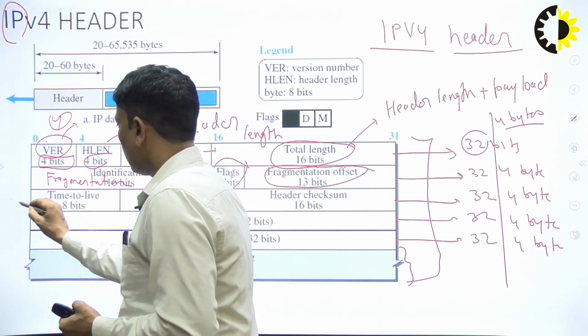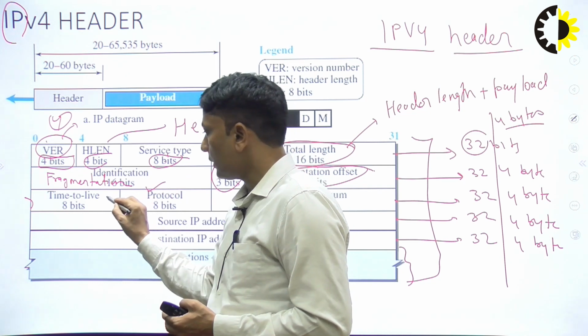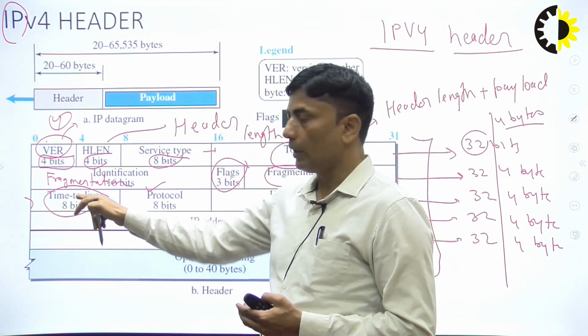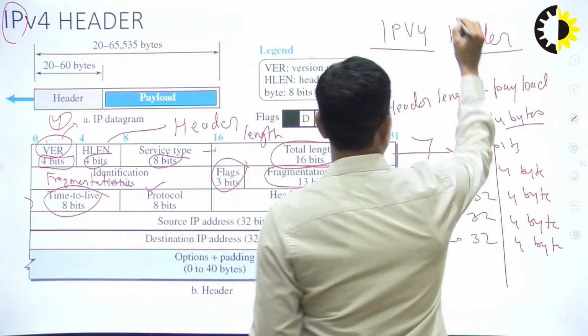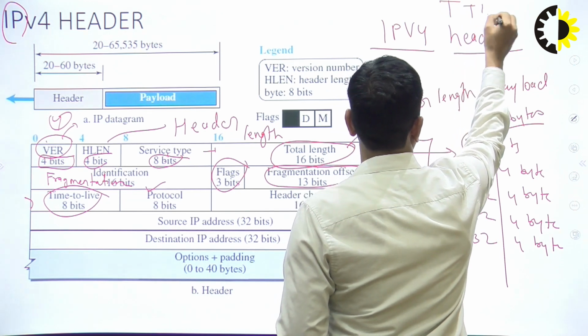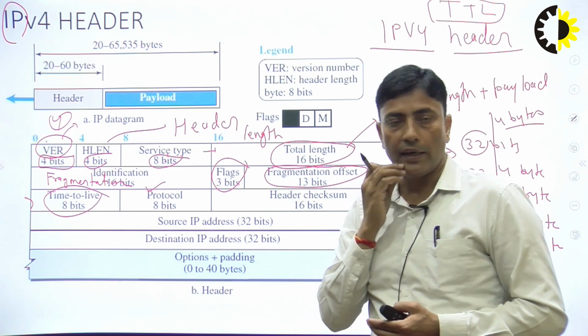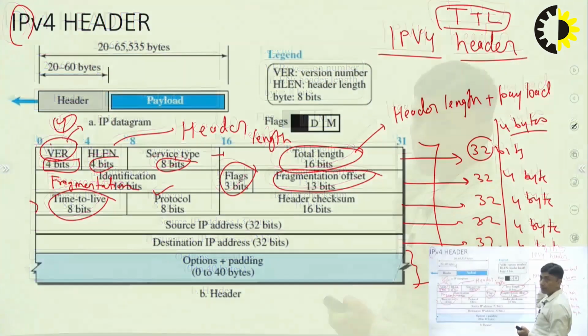Then we come to the third row. In the third row, the first 8 bit is a field known as time to live, in short TTL. Very important field, each and every packet has this field.